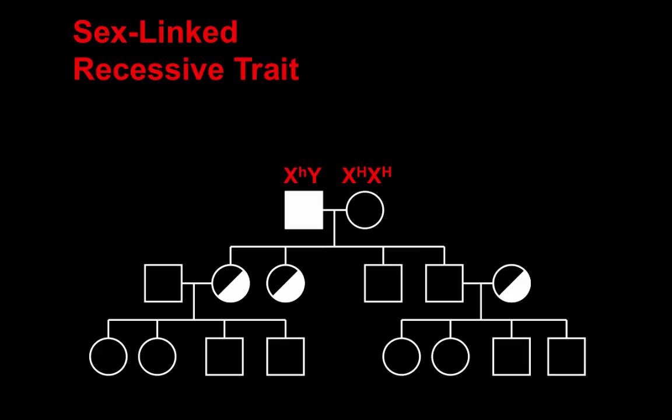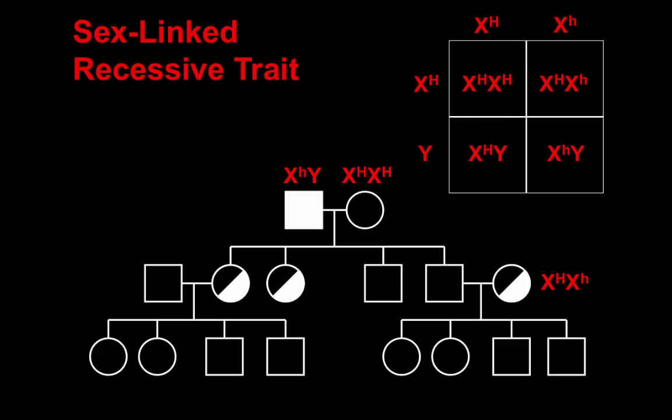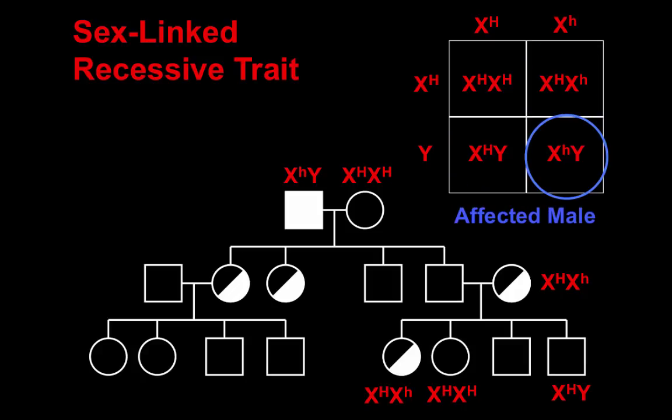So let's say that this unaffected male marries and has children with a carrier female from another family. Well, chances are normal female, carrier female, normal male, and an affected male. So this means that this individual would also be colorblind.